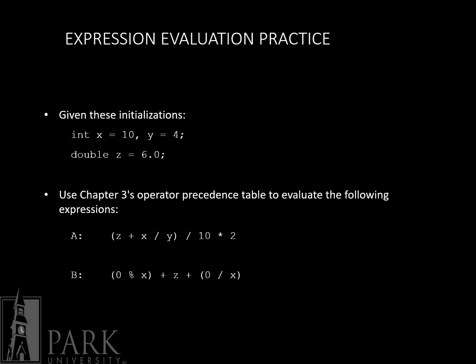What you should have come up with is A is equal to 1.6 and B is equal to 6.0. Now, pause it again and see if you can write a program to check this. Or you can just wait and I'll demo it for you, but you really should try to do it yourself first. I'll wait.